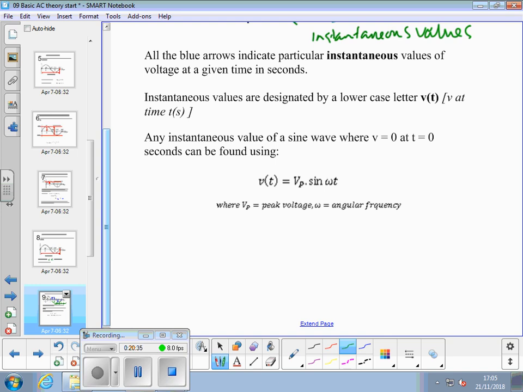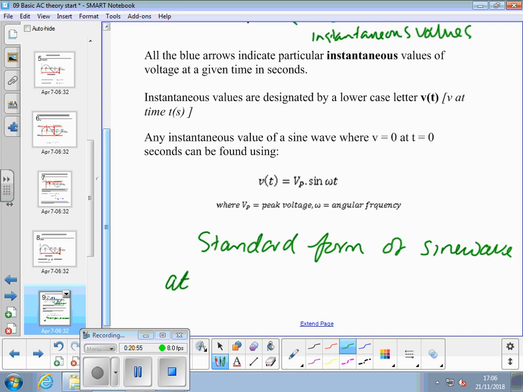So that's the standard form of a sine wave at 0 degrees or 0 radians, i.e. no phase shift.